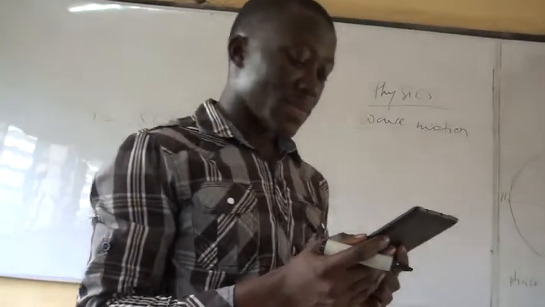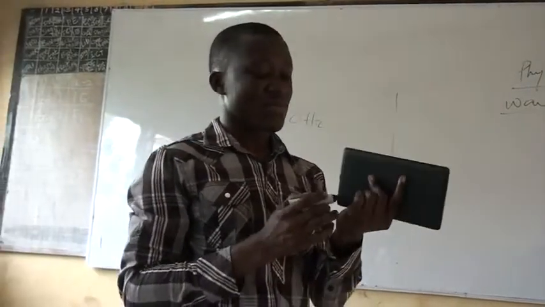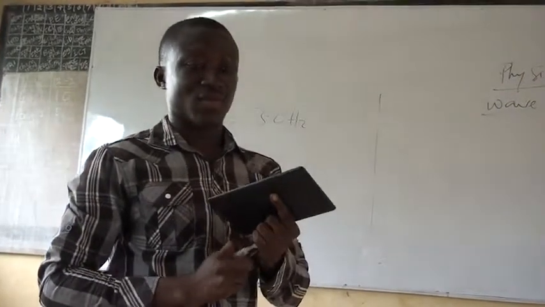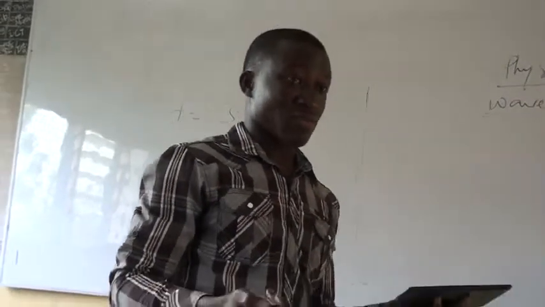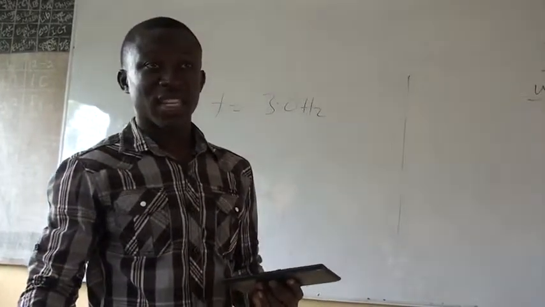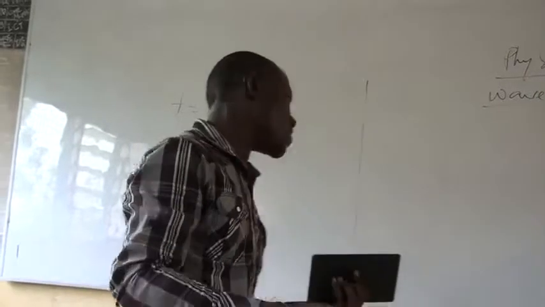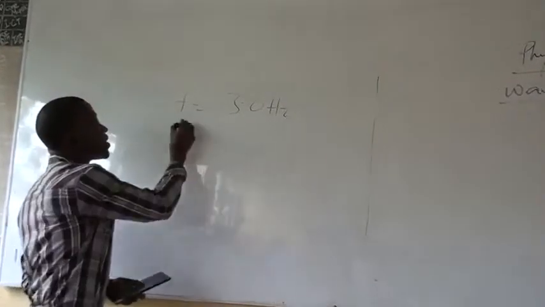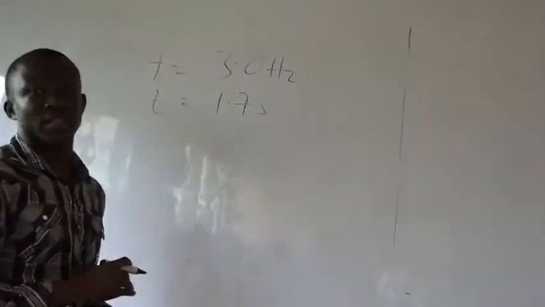A wave with frequency 3.0 Hertz takes 1.7 seconds to travel a length of 2.5 meters. So that is not period. It is time for the wave to travel a particular length. In other words, time for a length of 2.5 meters. So we know time, generally time. So time is 1.7 seconds.